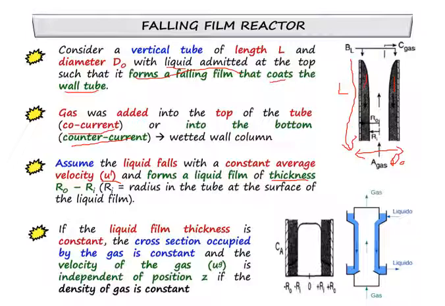If we take the distance from the center to the interfacial line here, we call it Ri, the internal radius, because we can find the thickness of the film from it.